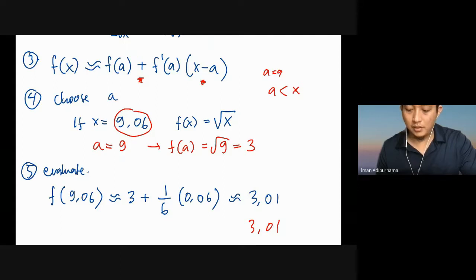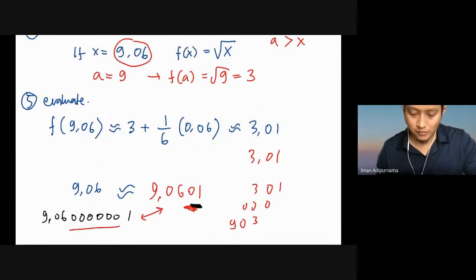But you can have a greater than x also, and you need to be careful when you put plus and minus because you will get the wrong answer. But if you check your answer carefully, you will notice the logic behind it. So for example, like this one, your answer should be around 3 something, bigger than the original 3.